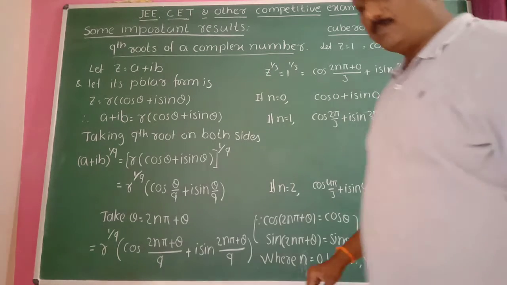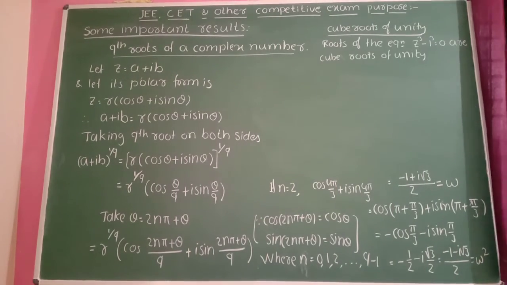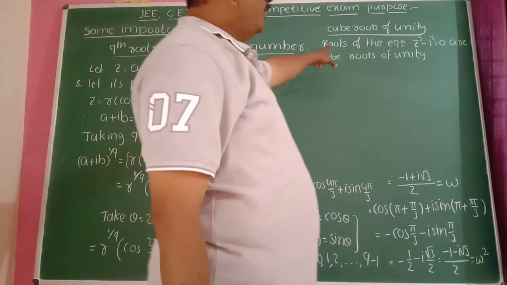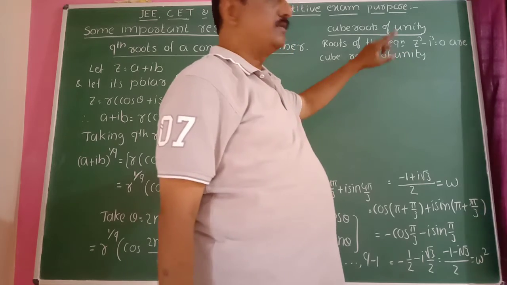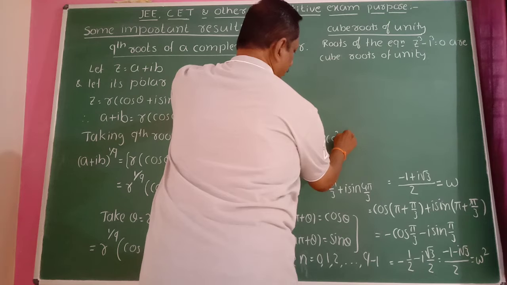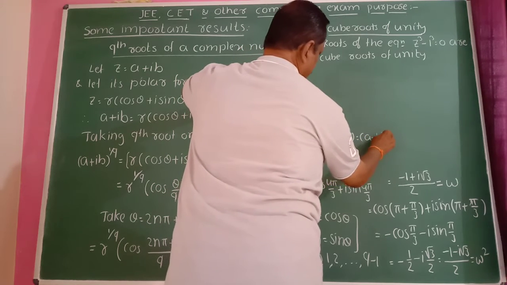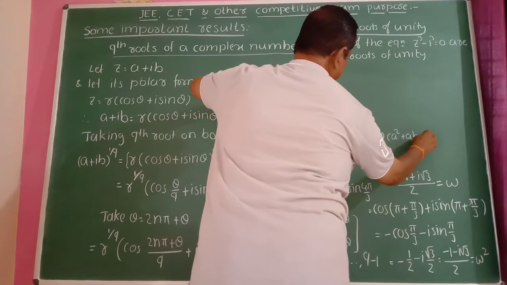You can take one more method also. According to this method, the roots of the equation z cube minus 1 equal to 0 are the cube roots of unity. You know the formula a cube minus b cube is equal to a minus b into a square plus ab plus b square.